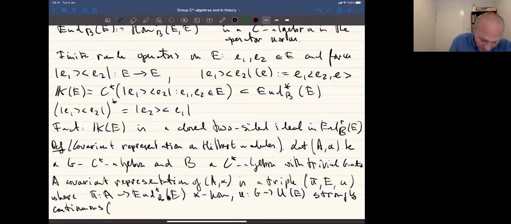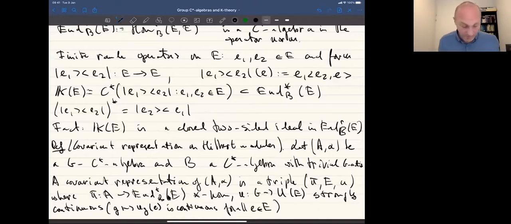So g goes to U_g of e is continuous for all e in E. It's the same definition. Okay, and now I have to state the most important property on the next page, unfortunately.